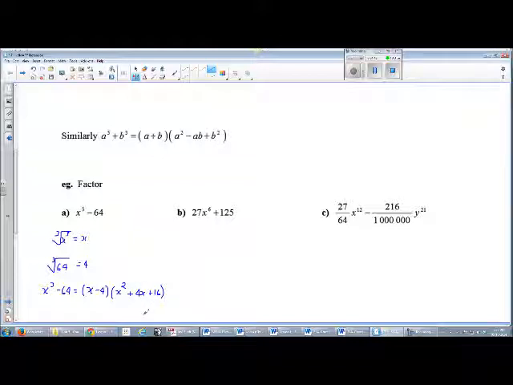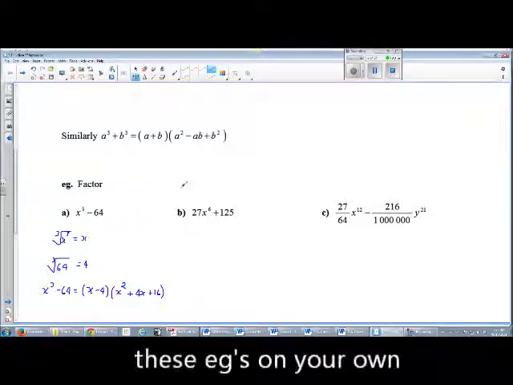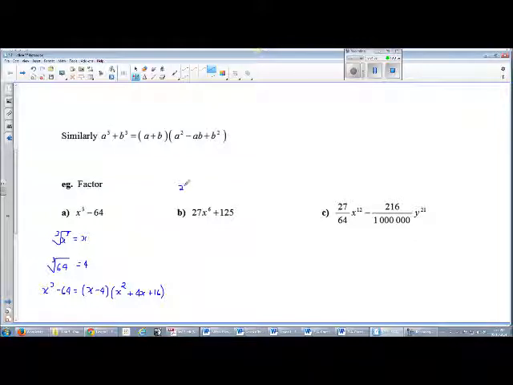Okay, so there's a. For b, again, same sort of idea. Maybe I'll write it up here just for fun. The cube root of 27x to the power 6. Well, the cube root of 27 is 3. The cube root of x to the power 6 is x squared. And then the cube root of 125 is going to be 5.